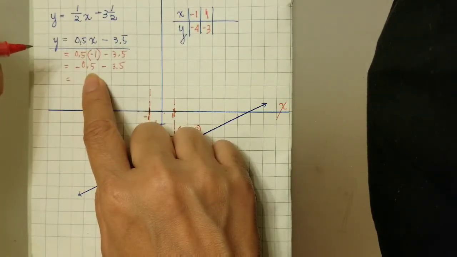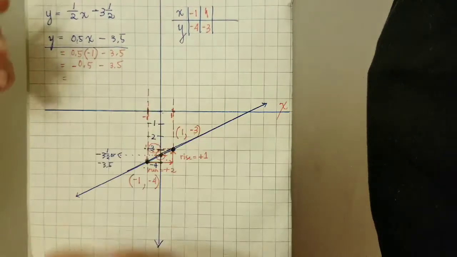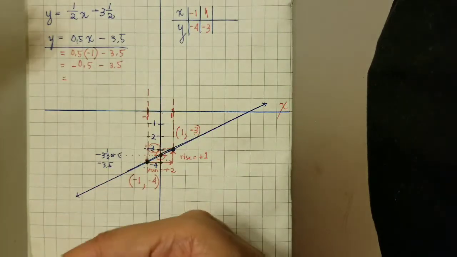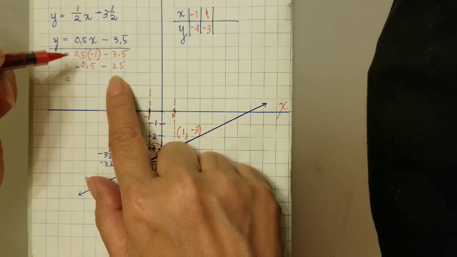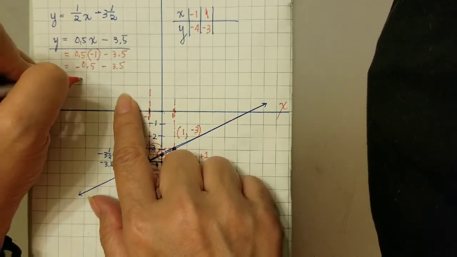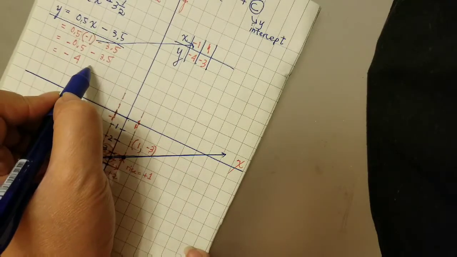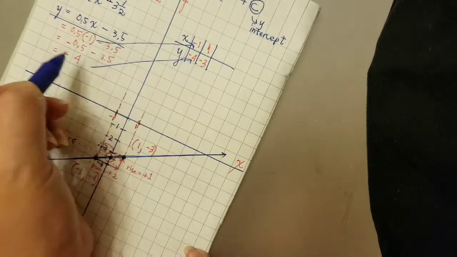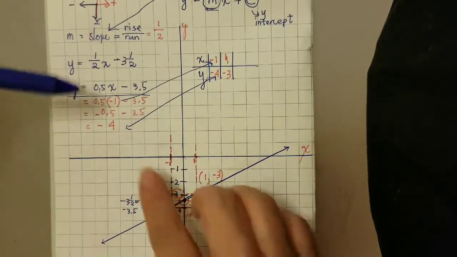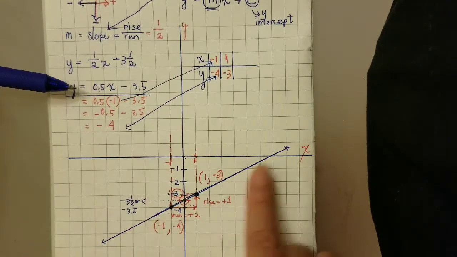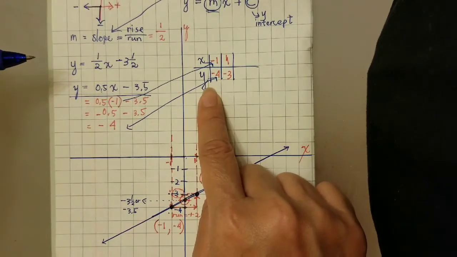Remember, if there are no brackets, it's an addition subtraction question and you need the number line, okay? So -0.5 minus 3.5 is equal to -4. When x is equal to -1, y is equal to -4. Okay? So that means that the equation you extracted from the graph is correct.